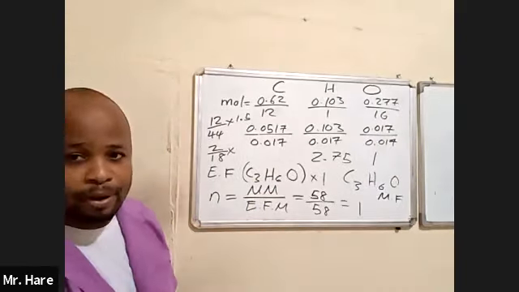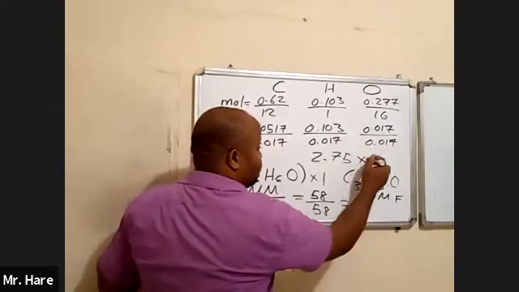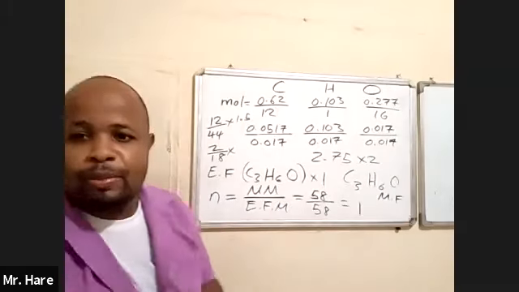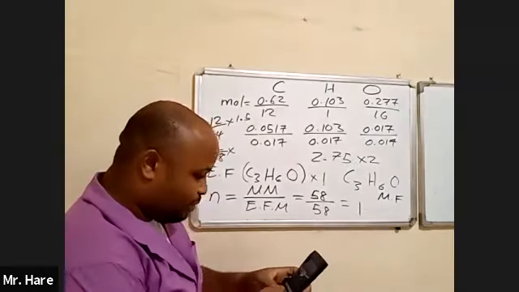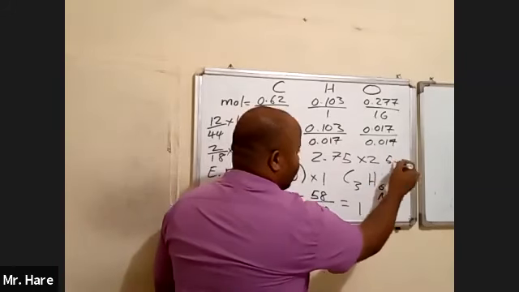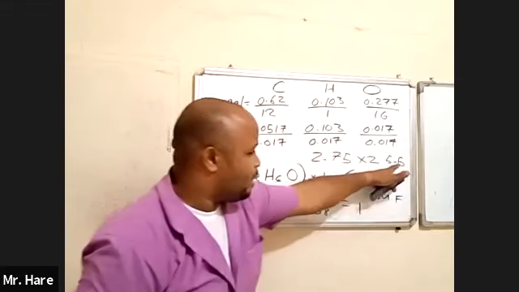Suppose you get 2.75. What you will do, you are going to first times it by 2. When you times it by 2, 2.75 times 2, I get 5.5. I still cannot round off 5.5.